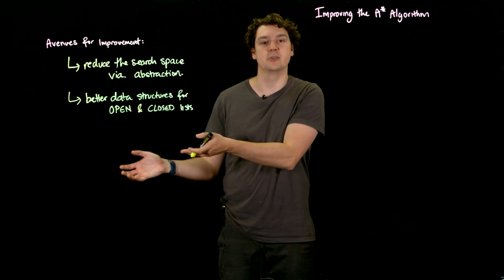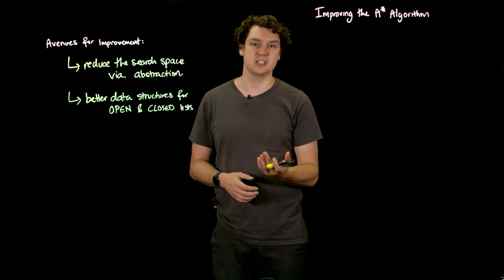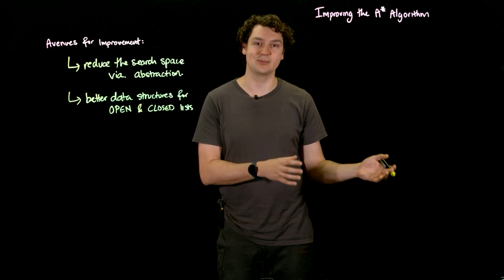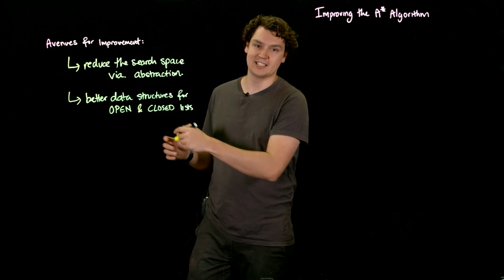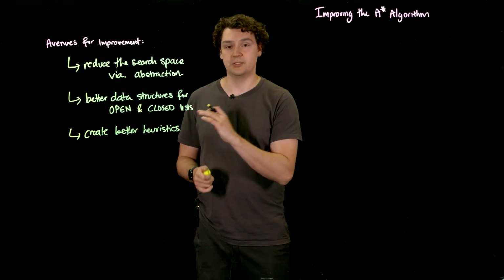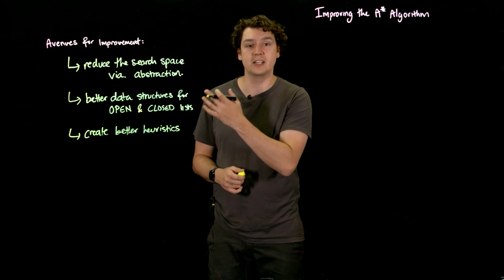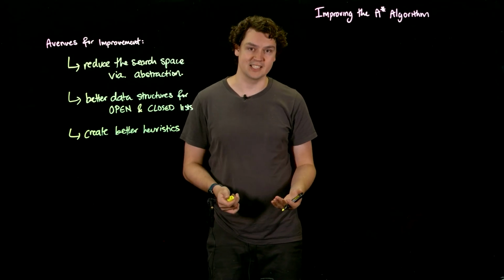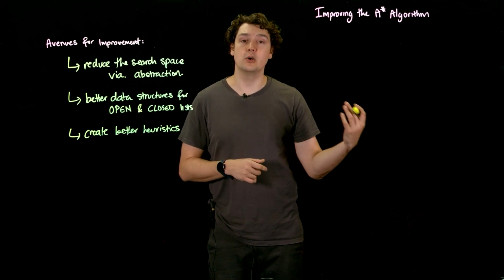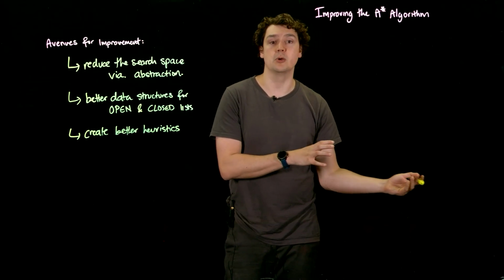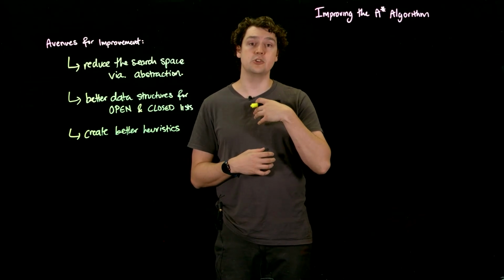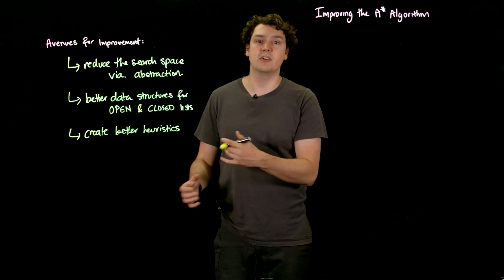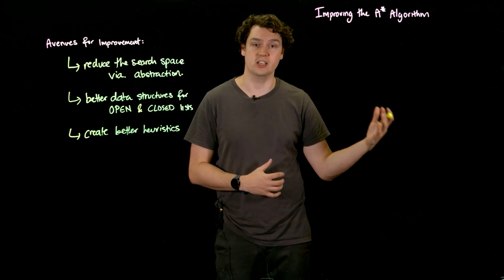That's just literally in the problem itself. What was the cost of the actions I've taken? But we can look to improve the heuristics themselves. So I'll write that down. So we can improve by creating better, more informed, more accurate heuristics. So by reasoning over a very specific problem domain, maybe we can come up with, as human beings, some nice way to quantify, hey, how far away do we think we are, right?